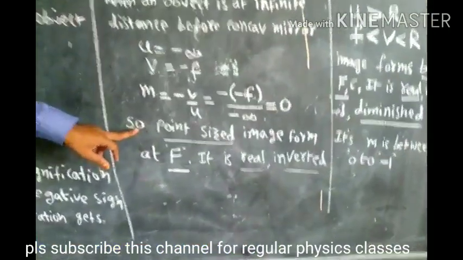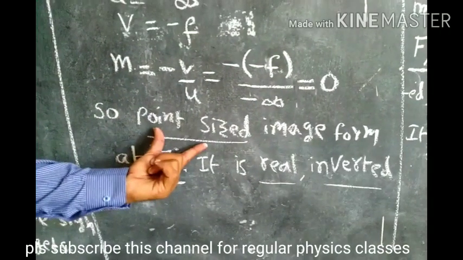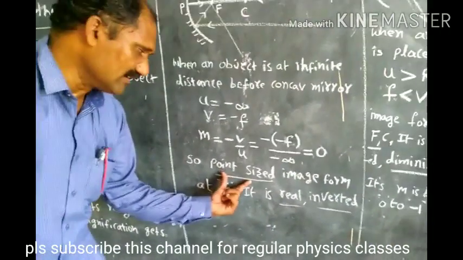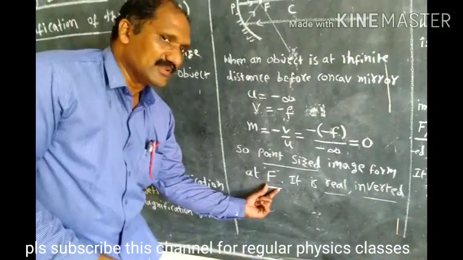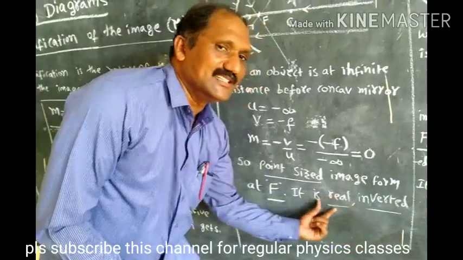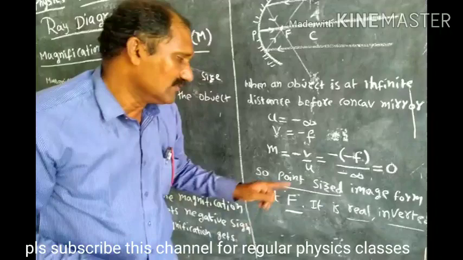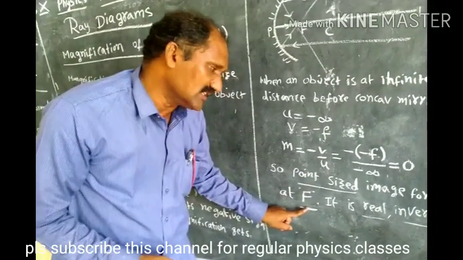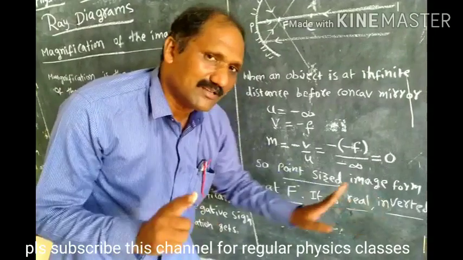For this case, a point sized image is formed, so the first property is fulfilled. Point sized image formed at F means position is also known. It is real and inverted. 4 properties we got.